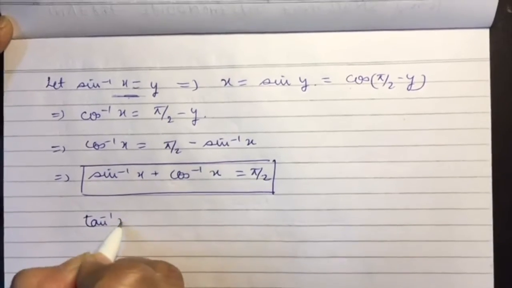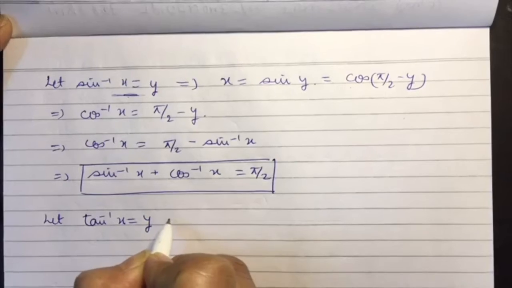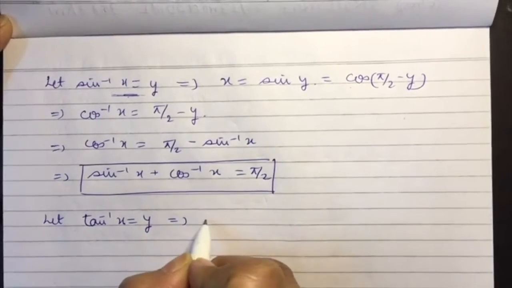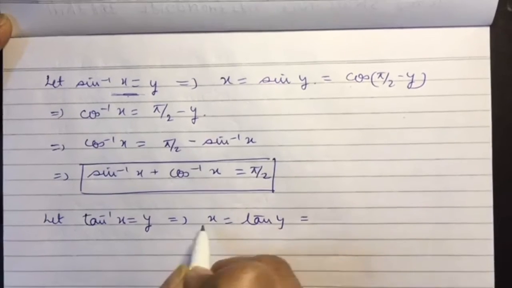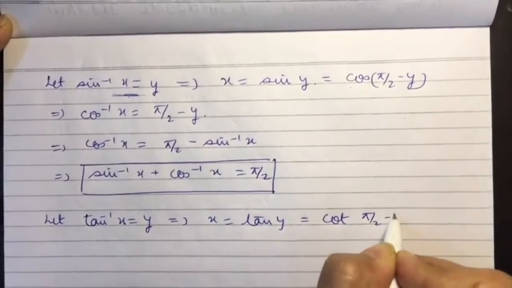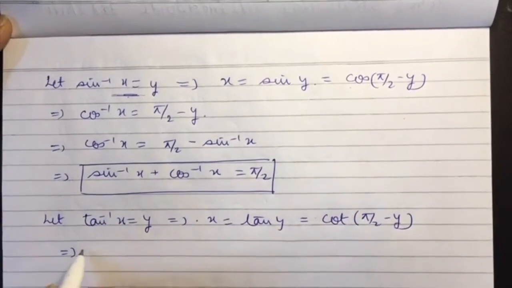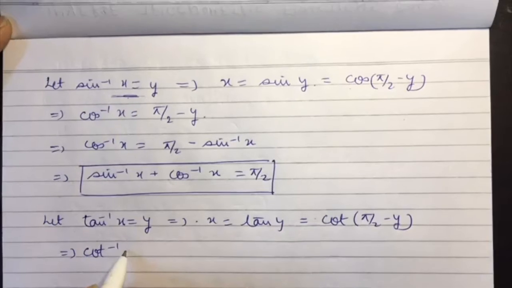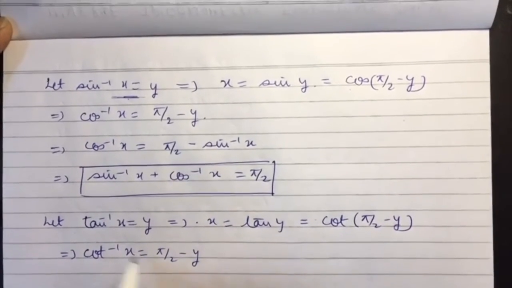Similarly, we can do the remaining two results. That is, tan inverse x we assume as y, which gives us x is equal to tan y, which can be written as cot of pi by 2 minus y, which gives us from here cot inverse x is equal to pi by 2 minus y.